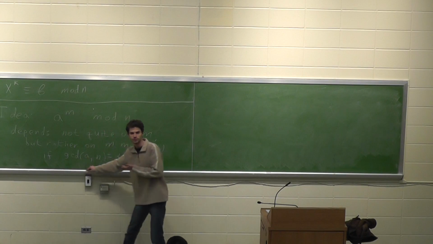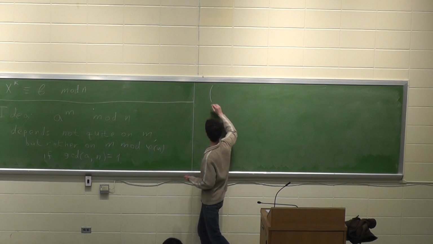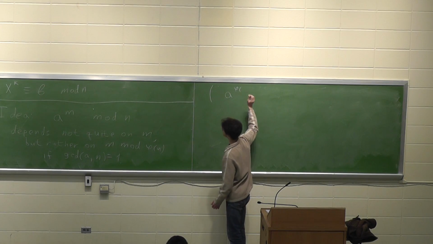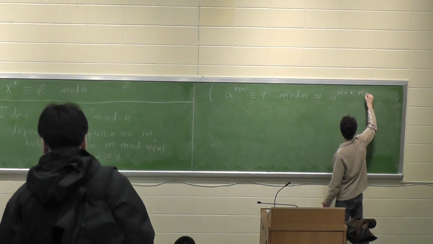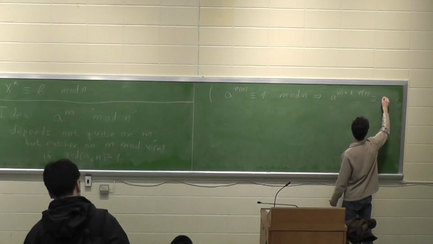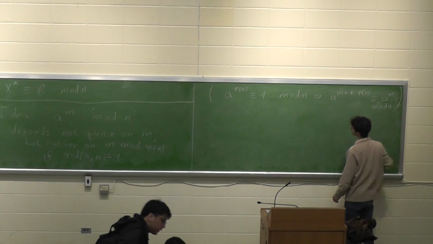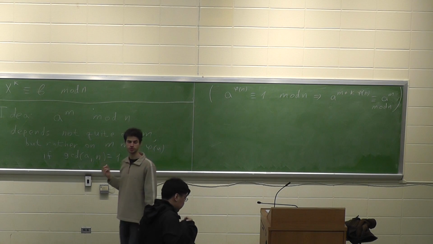Well, that's pretty much the same as reformulating Euler's theorem. The explanation for this step is a to the power of phi of n is congruent to 1 modulo n. So a to the power of m plus any multiple of phi of n is congruent to a to the power m modulo n. So that's a very easy observation. It's just a reformulation of Euler's theorem.